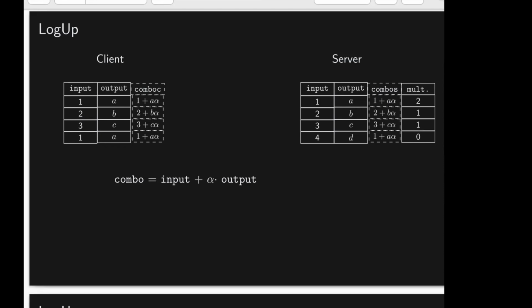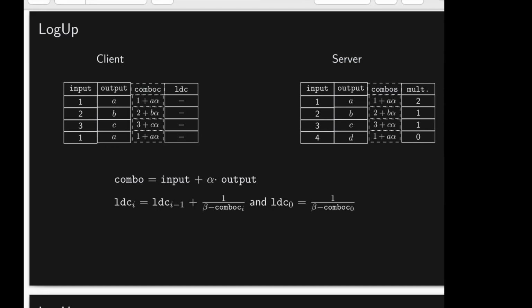And we have to record explicitly the multiplicity with which these elements occur. In particular, since the row 4D occurs in the server but not in the client, its multiplicity is 0. And since the row 1A occurs twice in the client, its multiplicity is 2.